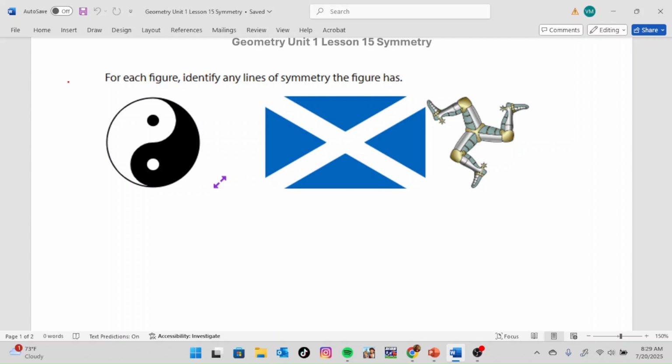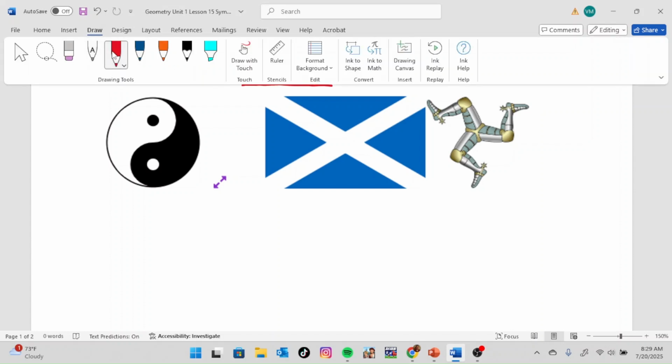So remember, if we're talking about lines of symmetry, this means we could fold along the line and they would match, or the sides would match.